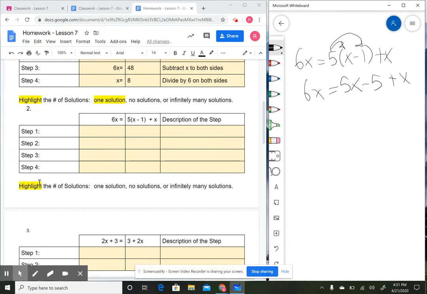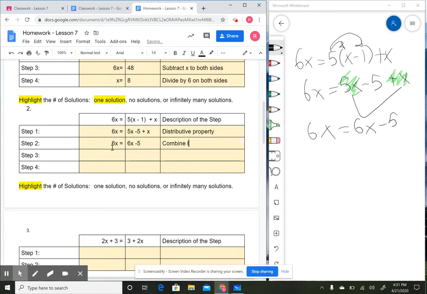So I'm going to write that down. 6 is equal to 5x minus 5 plus x, and that was the distributive property. Now you notice that there are 3 terms on this side of the equation. There's this x and there's 5x, so I'm going to combine those together since they both have x's. So 5x and x makes 6x minus 5. So I combine like terms.